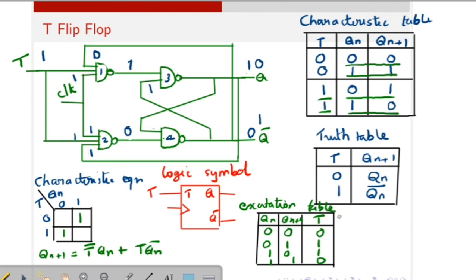Clear? Okay, so we derived the truth table, then the characteristic table, characteristic equation and excitation table from the characteristic table. Clear? Next we can draw the waveform of this T flip-flop. First I will draw the clock pulse. This is the first clock pulse, then second, third, fourth, fifth. A train of pulses.